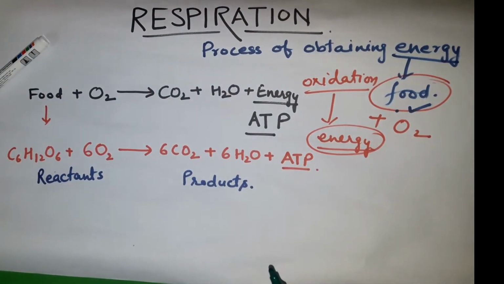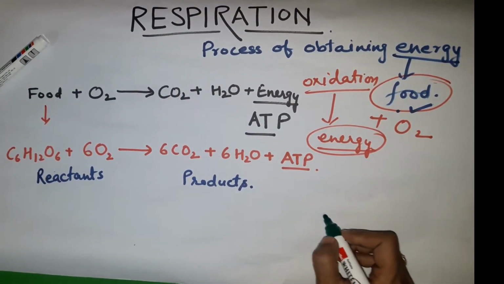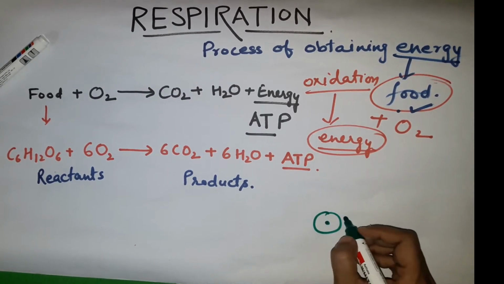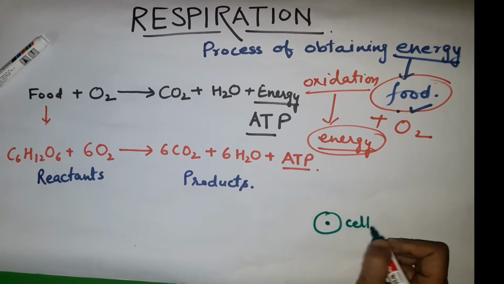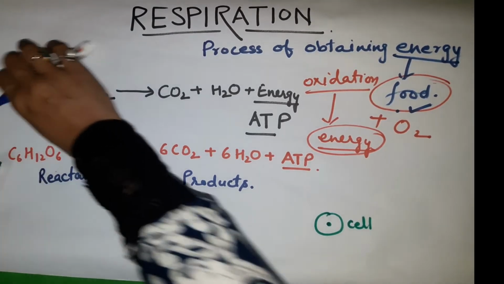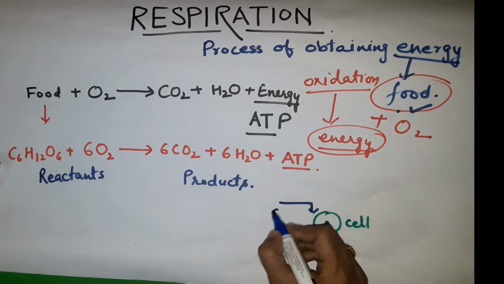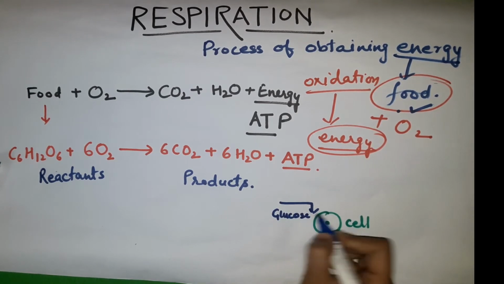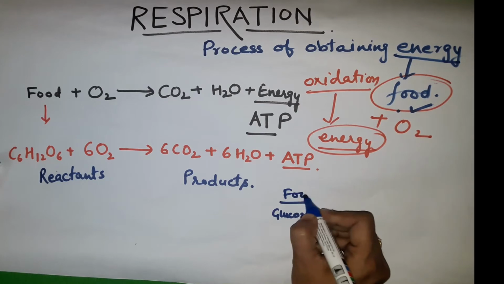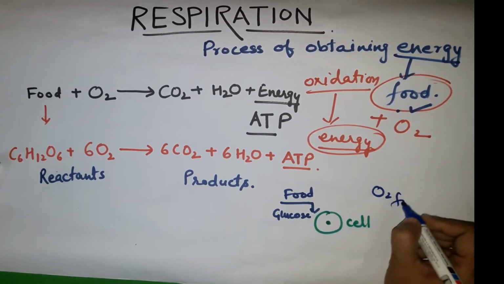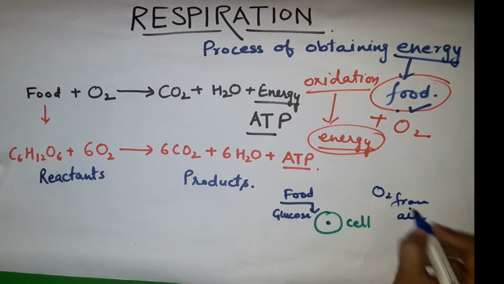In another way it can also be explained like this. This is the cell. Here you can see the food, that is glucose, and oxygen will be taken from where? From air.